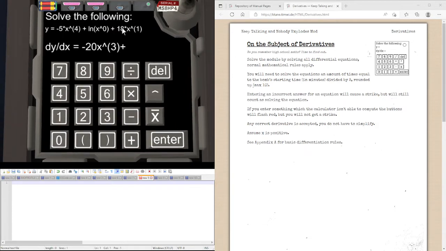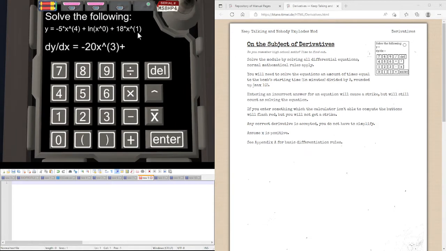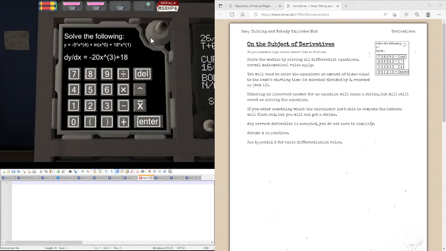Then we're going to be adding. So this is x to the power of 1, which if you know calculus, means we're just going to take the coefficient here, because we're going to be multiplying by 1 and then reducing by 1. X to the 0 is 1. So it's going to be 18 times 1 again.